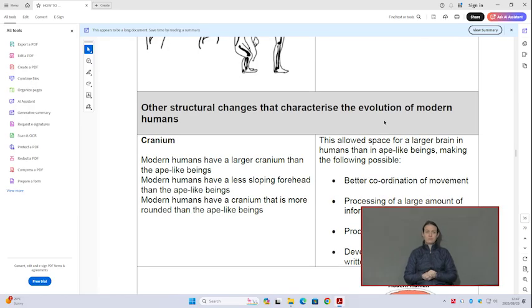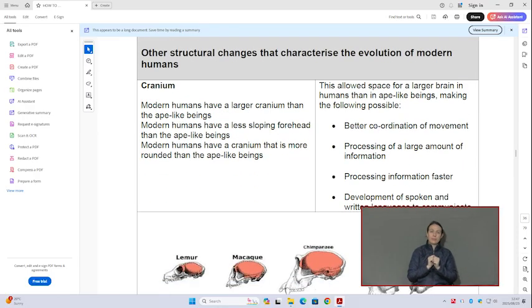Other significance that we must know, we look at the cranium. Remember, our cranium size is large, and other primates' cranium size is small. Now, what is the significance of us having a larger brain? Better coordination of movement.